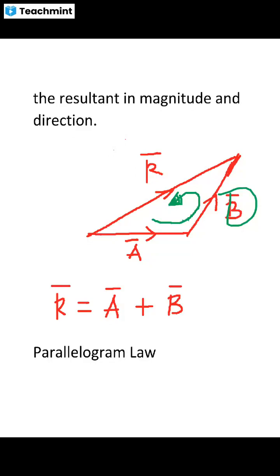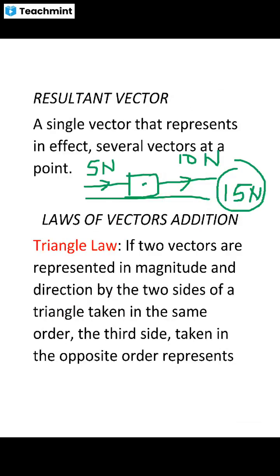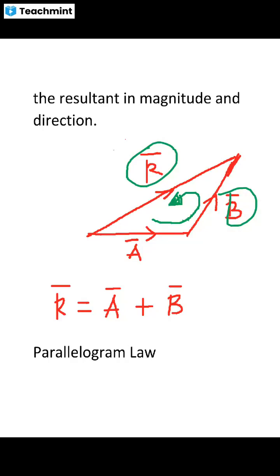Yes, because the law says that the other side is taken in the opposite order, then it represents the resultant. So this is the resultant of the two vectors. The vector whose direction contradicts the other two directions is the resultant vector. Take note of that. It contradicts the flow of the other two vectors.